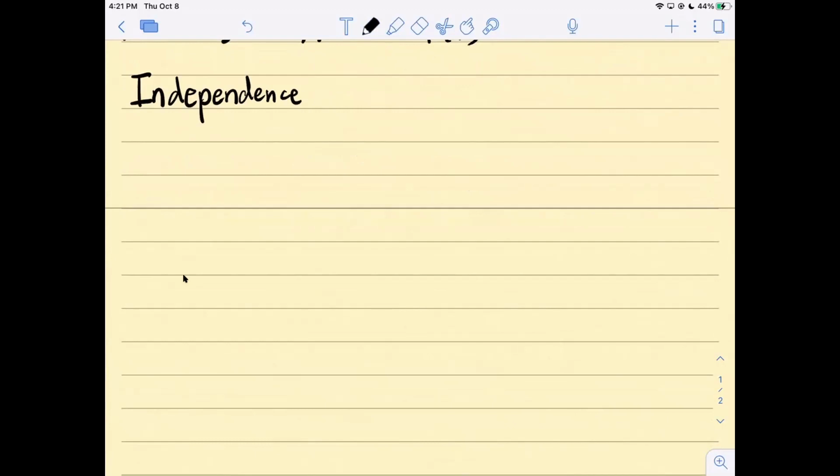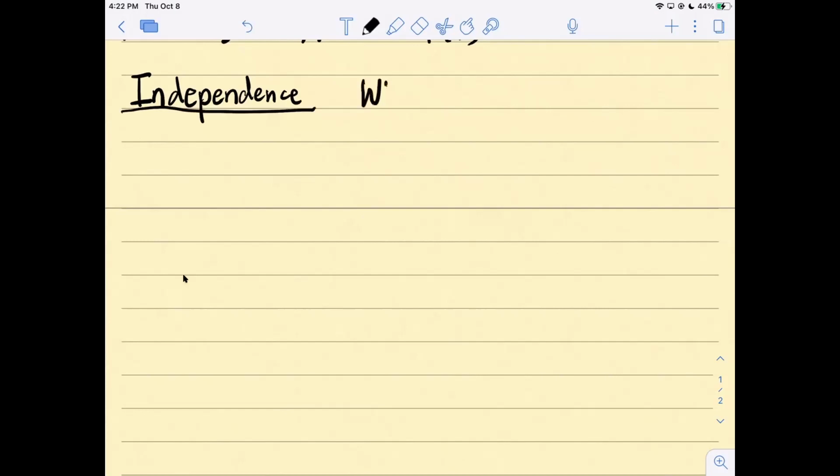There's a mathematical definition, something that just needs to be true, and there's also the English definition. So what do you guys think? What does it mean for two events to be independent?